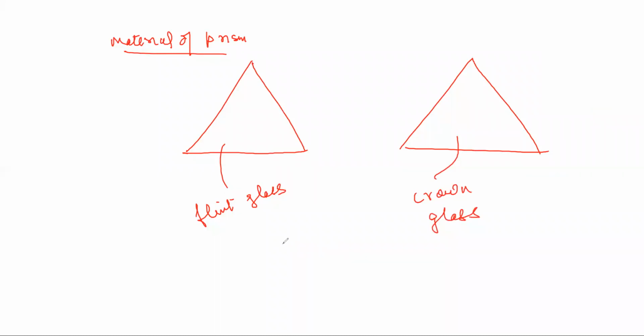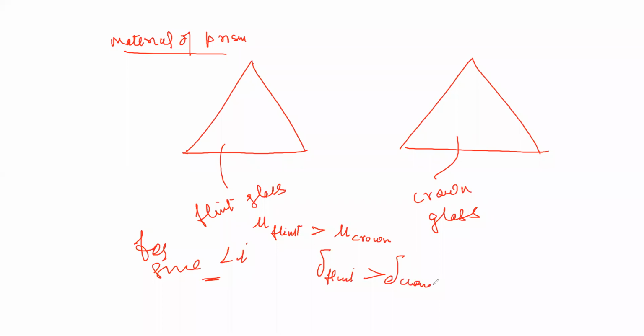The refractive index mu of flint glass is more than the refractive index of crown glass. So when the refractive index of the material medium is more, then for a given angle of incidence I, delta for flint is more than delta for crown glass.